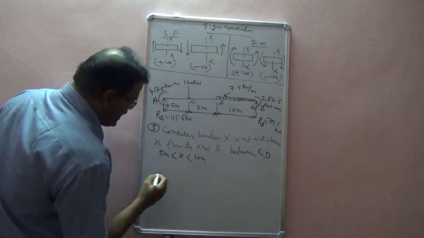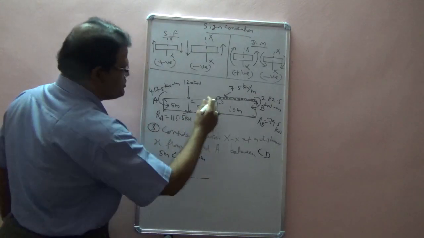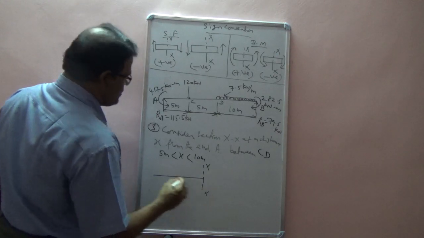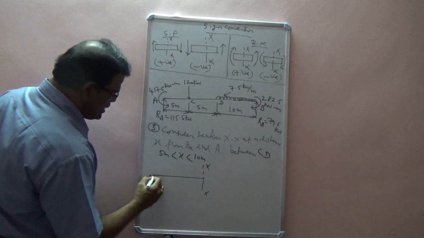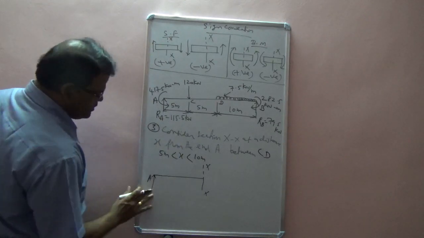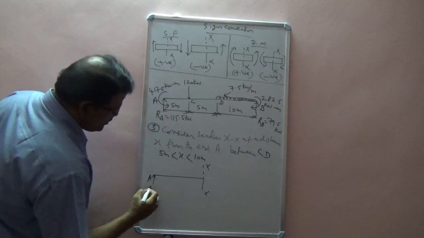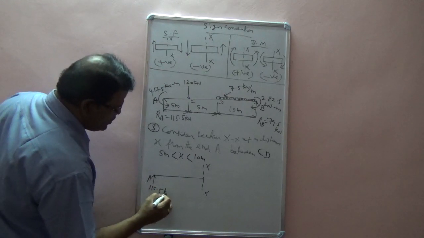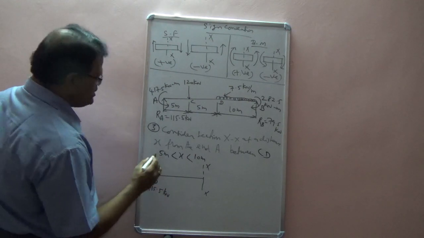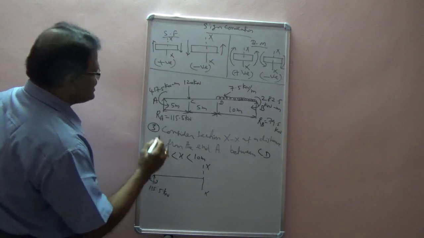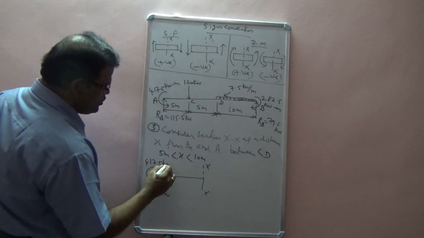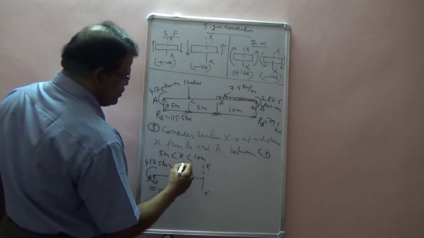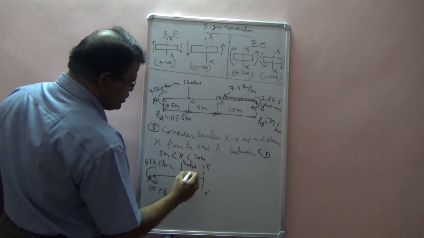Now draw the load diagram. This is the CD, and this is section XX. Point A is here. Here the load is 115.5 kilonewton. There is a couple or moment 417.5 kilonewton meter, and then at point C there is a point load of 120 kilonewton.